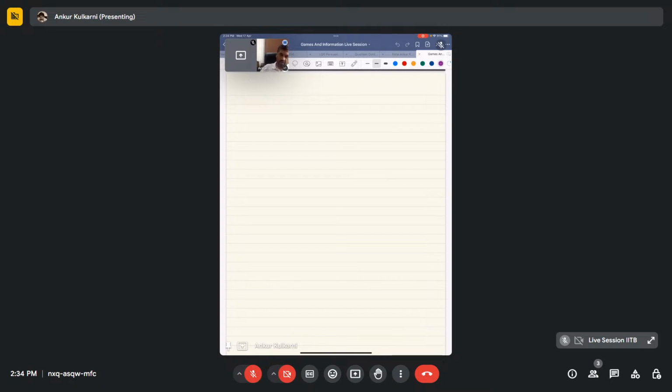Okay, I will go about answering the question on information sets. So an information set is a collection of nodes, or vertices, in the game tree that belong to one player.